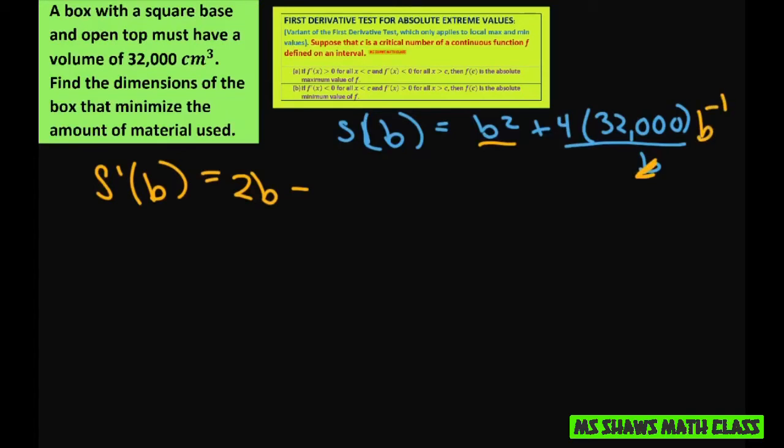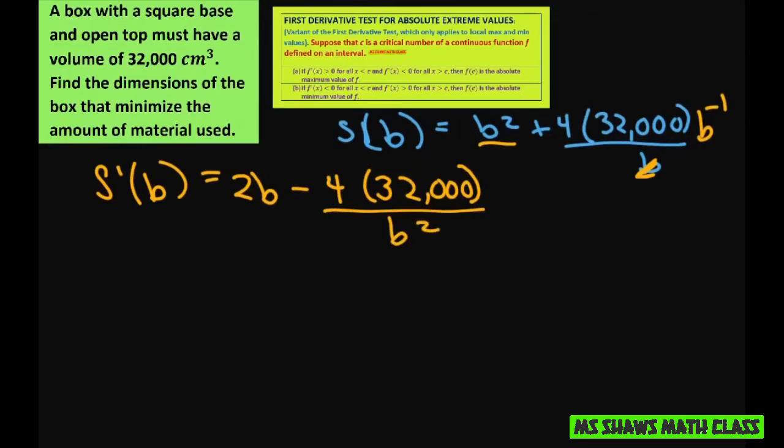Let's just write it like that. So it's going to be minus 4 times 32,000 times B to the negative 2, which is going to be B squared.